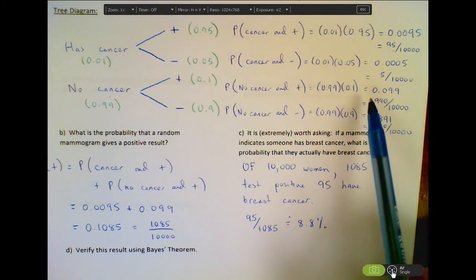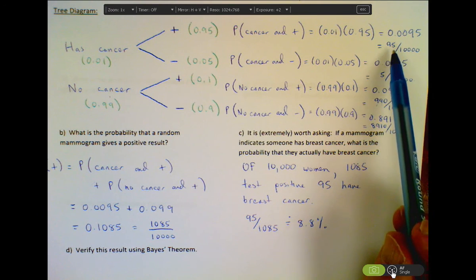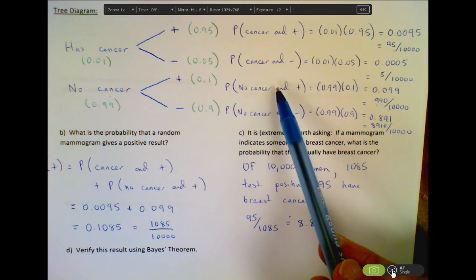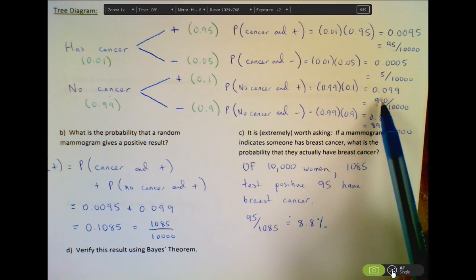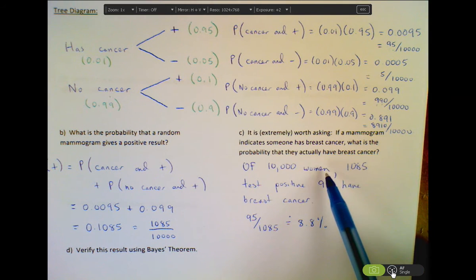So looking at, of these 990 plus 95, of these 1,085 women, you can see that most of them had a false positive. They did not have cancer and tested positive. So given out of these 1,085, only 95 had cancer, given that you test positive, there's only an 8.8% chance you would actually have cancer.